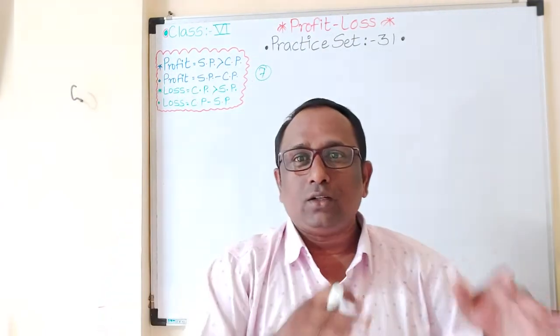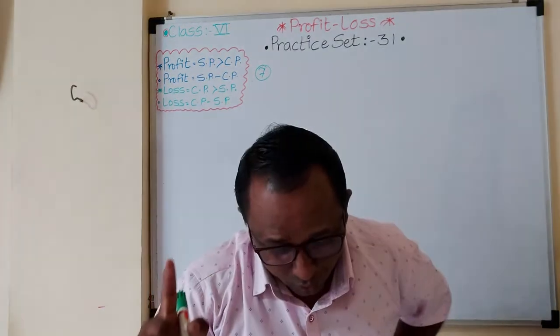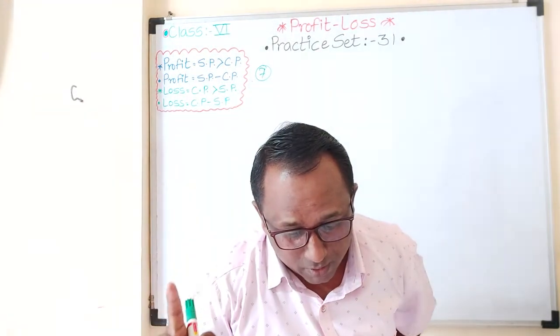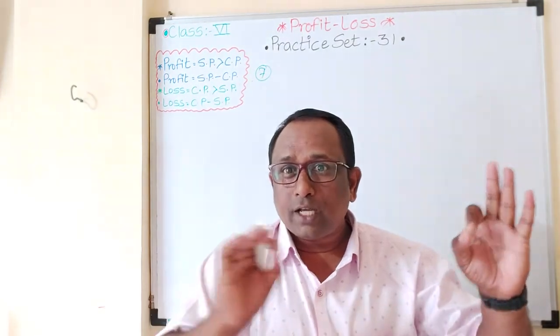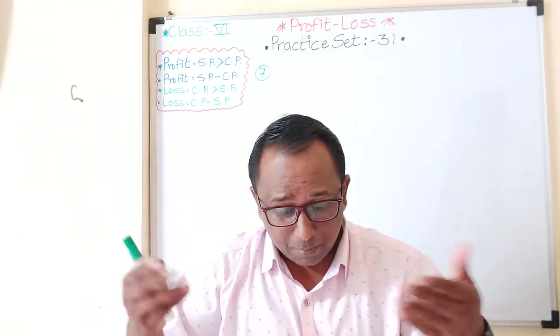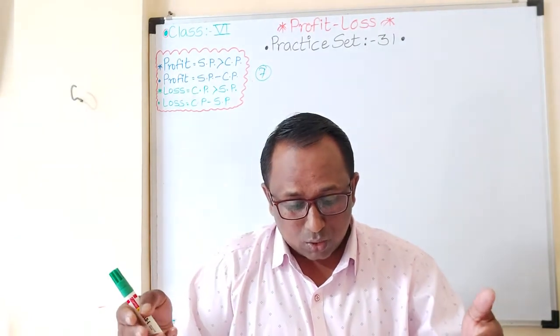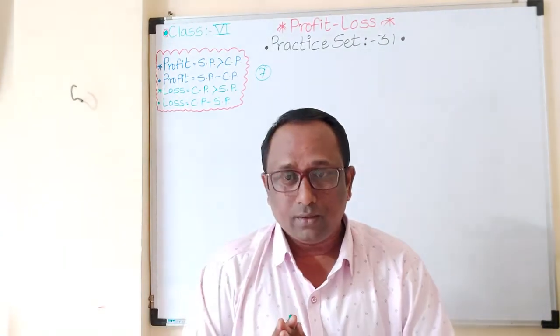Okay, so she bought 25 saris from a wholesale merchant for rupees 10,000. The number of saris is 25, which she purchased. Okay, so that is the cost price, rupees 10,000.